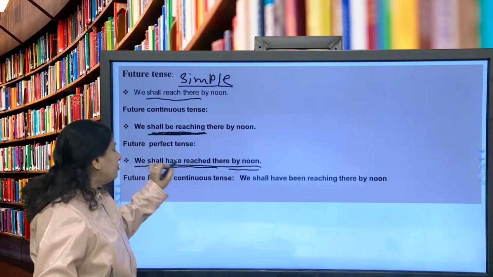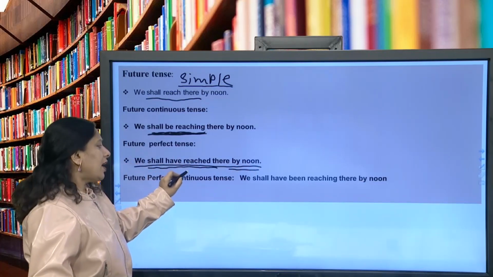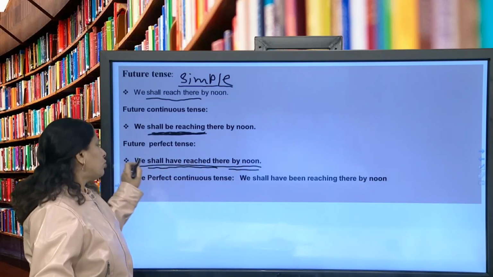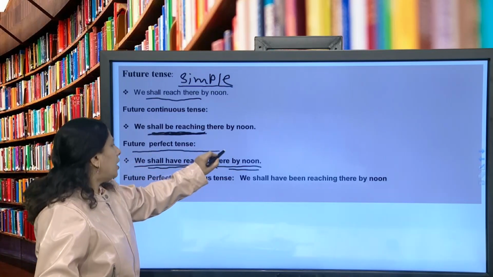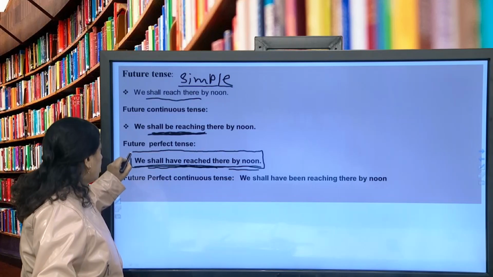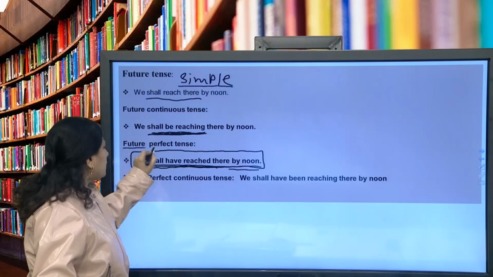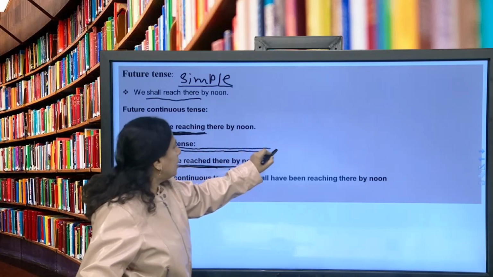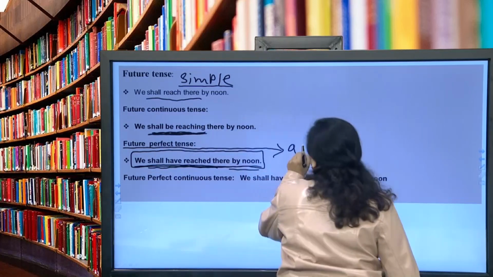We could have, we shall have reached, but right now we haven't reached. So this is merely an assumption shown over here. The future perfect tense sometimes deals with assumptions.